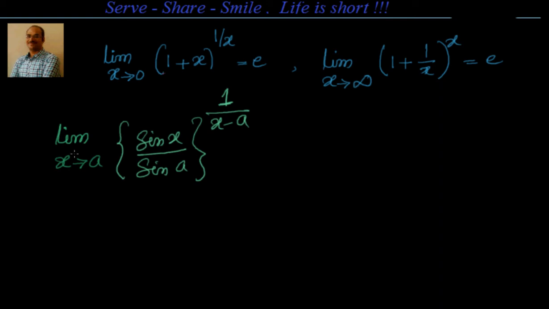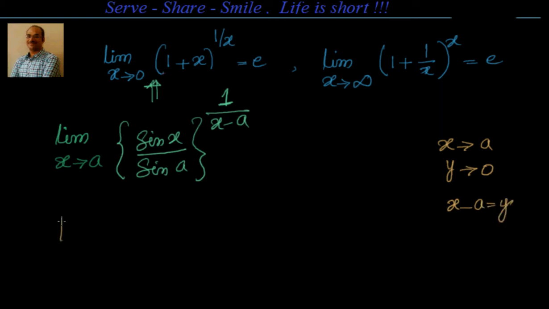Now, whenever I see x not tending to either 0 or infinity, this should be a better approach. So what I will do, I will say as x tends to a, I want to have y tend to 0. For that, x minus a should be equal to y.